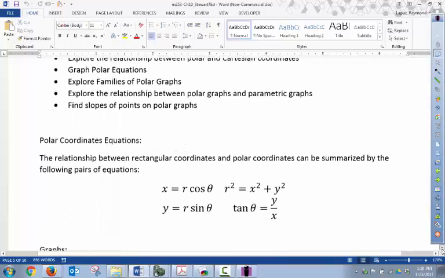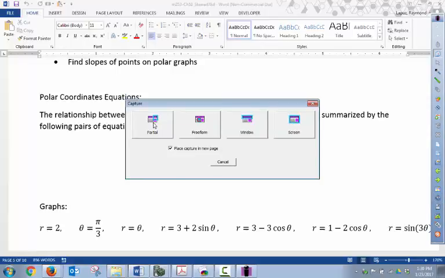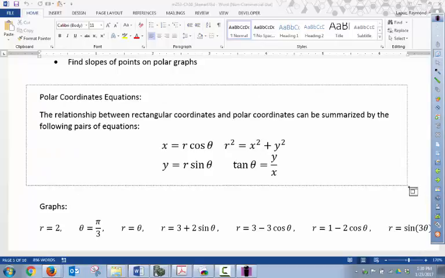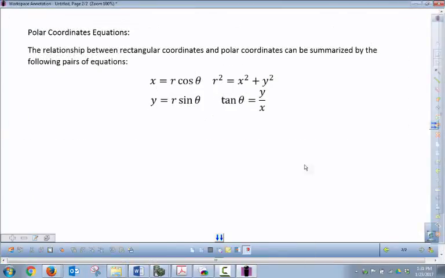Let's formalize this using some equations, and all you really need are 3 equations. So here's symbolically, or algebraically, the relationship between polar coordinates and Cartesian coordinates.